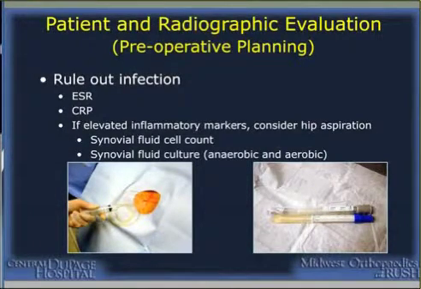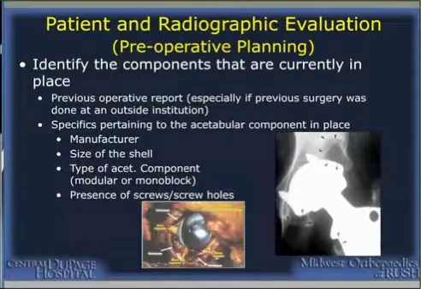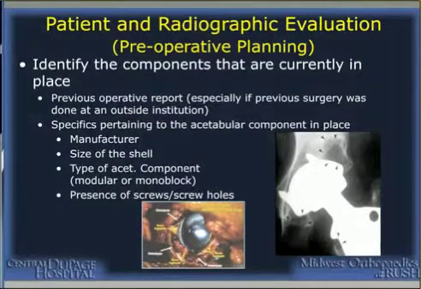I think also we have to identify the components that are in place. You want a previous operative report, understanding which manufacturer has made the device, the size of the shell, whether it's monoblock, and the type of screws, in order to get access to actually be able to remove a component, certainly if it's malpositioned.